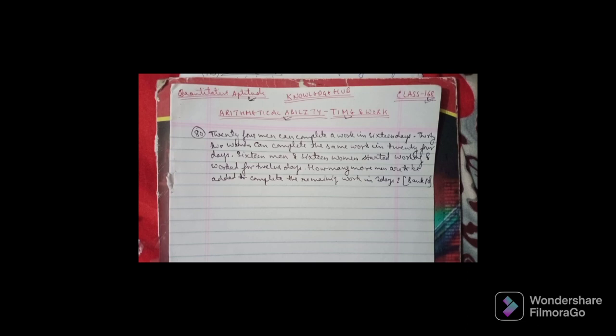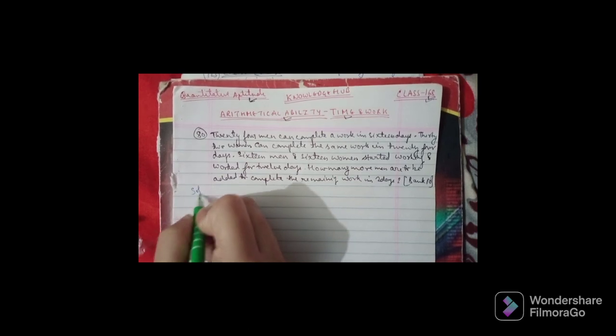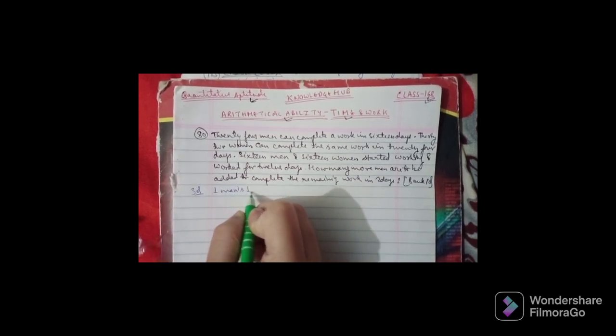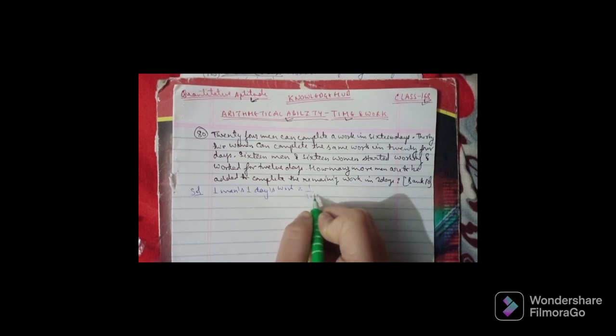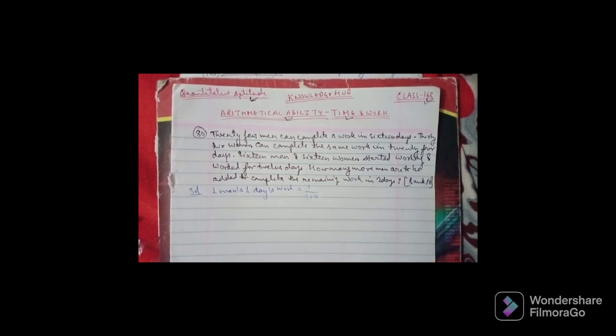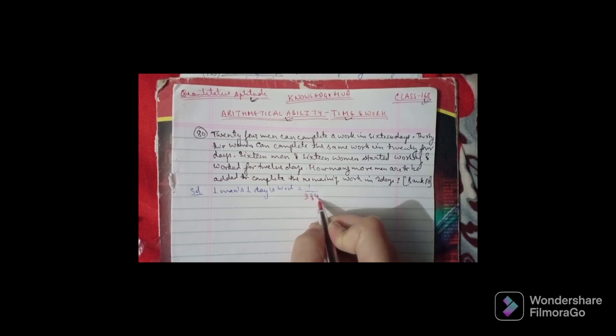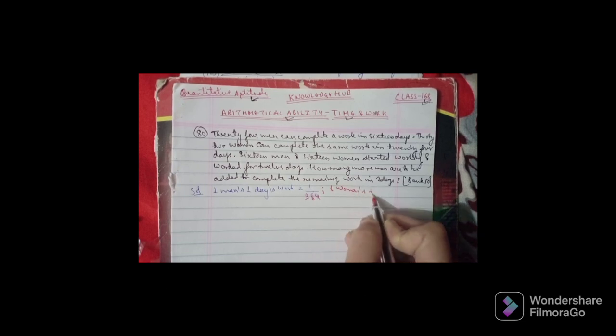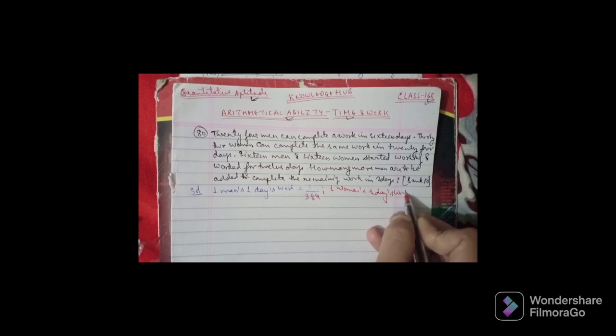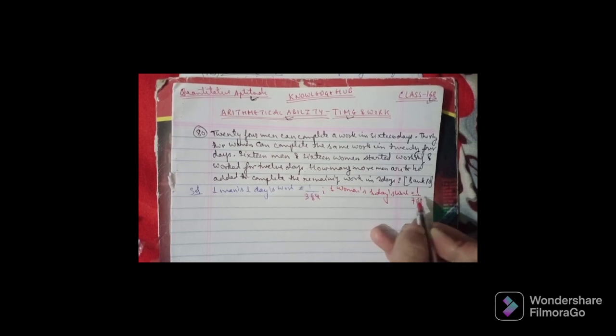One man's 1 day's work equals 1 upon 384. One woman's 1 day's work is 1 upon 768.